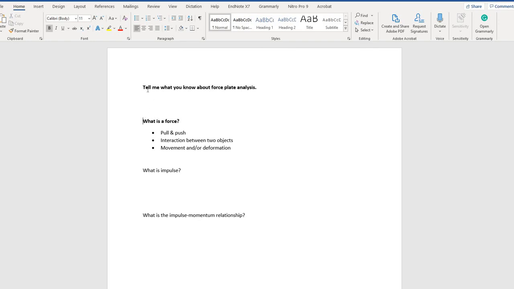So for example, I've written the first question, which I know will come up. I've written what is a force. I've written what is impulse. I've written what is the impulse-momentum relationship. And then you could have another 3 on the walking, running, jumping traces, because you know they'll come up.